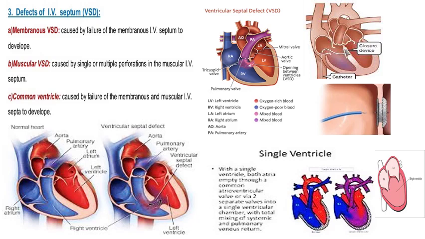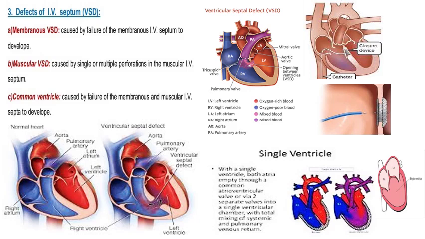If the muscular part has a defect, then the blood flow, the shunt, is bidirectional. It flows from right to left and from left to right as well.